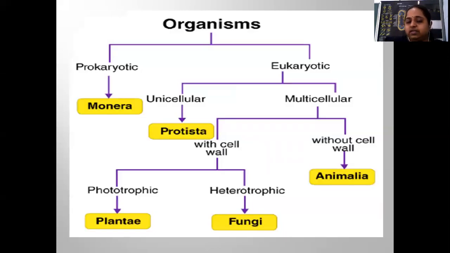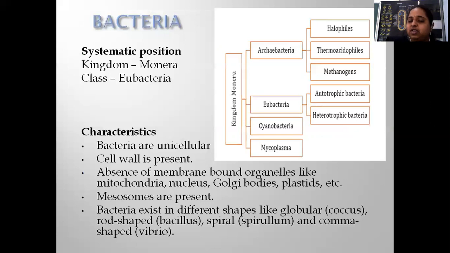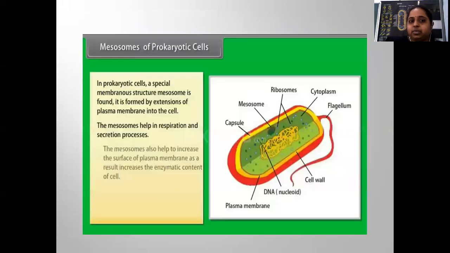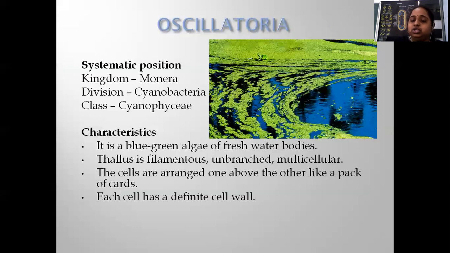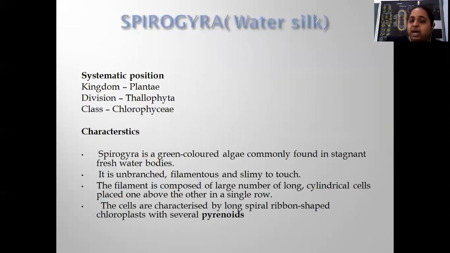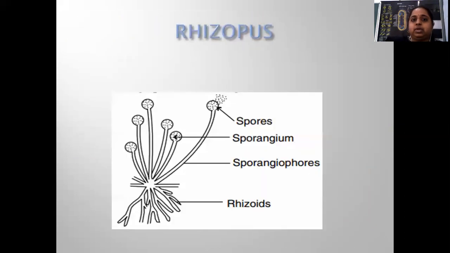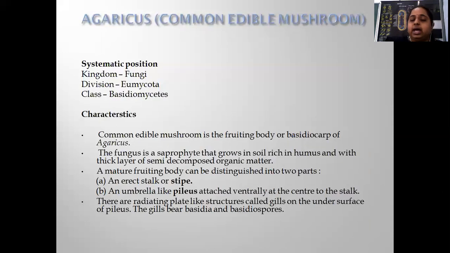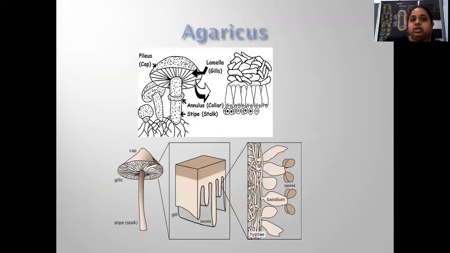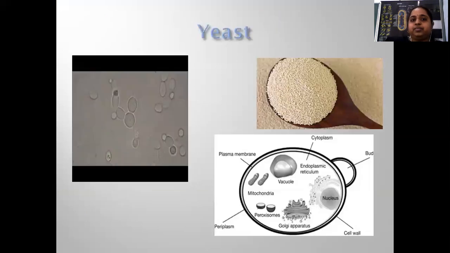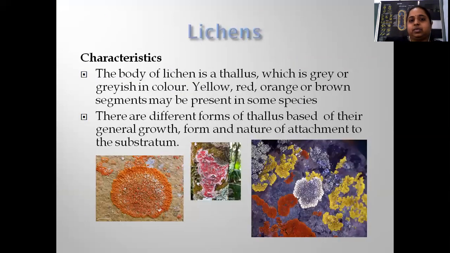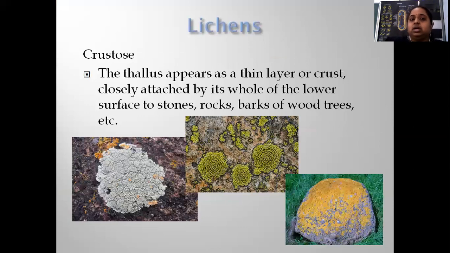Then I told you about the classification: kingdom Monera, kingdom Protista, kingdom Mycota, kingdom Plantae, kingdom Animalia. We started with the first specimen, bacteria, then Oscillatoria, Spirogyra, Rhizopus, and today we covered Agaricus, which is mushroom, yeast, and lichens. So with this, the study of morphology comes to an end.